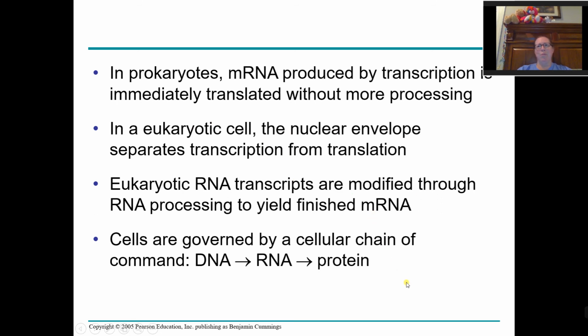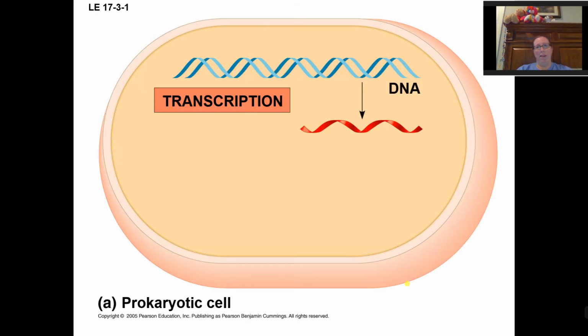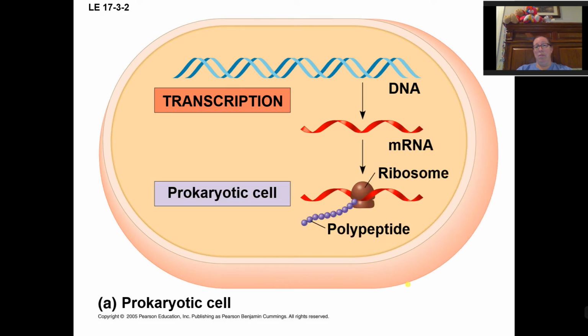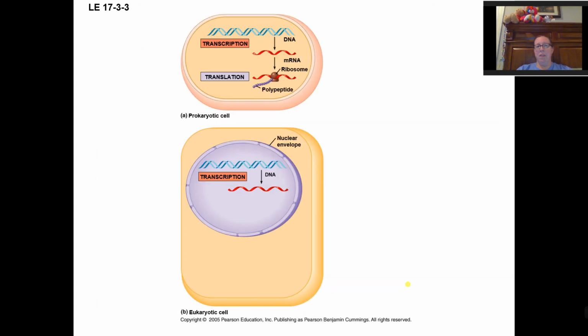Okay, so a little bit more complicated, but that just has to do with the fact that eukaryotes are a little more complicated. So here we have the prokaryote, everything's happening all at once. And then you've got the eukaryotic cell. Nice and easy over here.